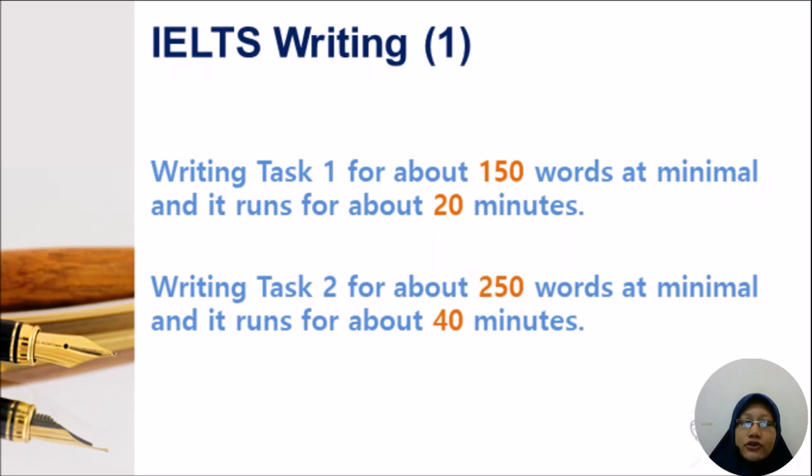This is your skill in time management to divide the time. I remind you again: the second task is about 250 words. So you need to write about 250 words at minimum, and the time is about 40 minutes.